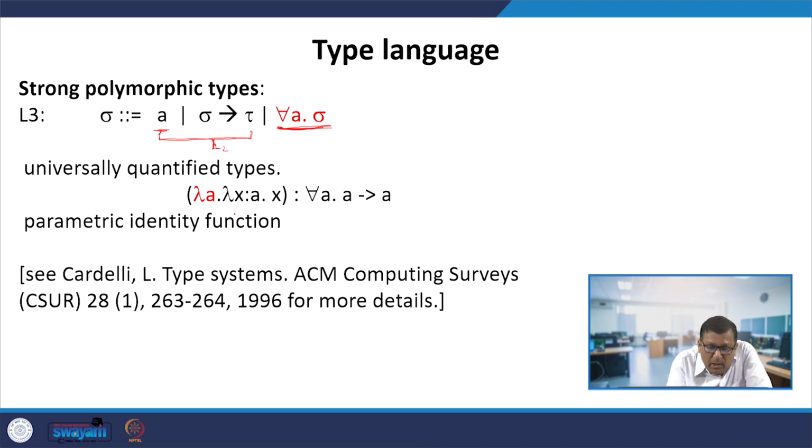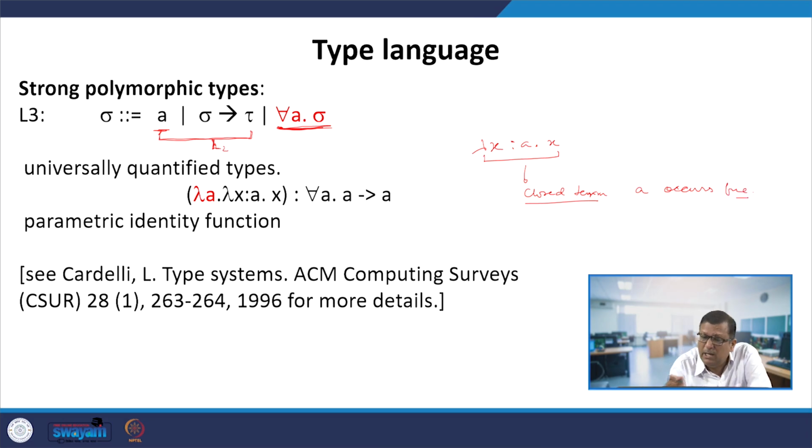So, for example, when we have the term lambda x colon A dot x, the variable x is a bound variable, but A is a type variable. If we look in terms of variables, this is not a closed term because A occurs free.